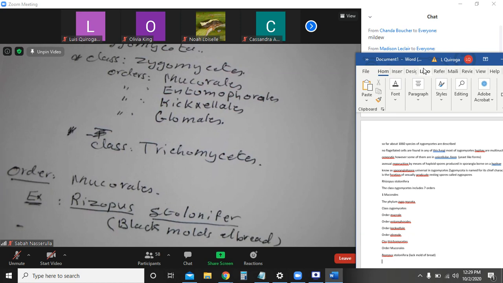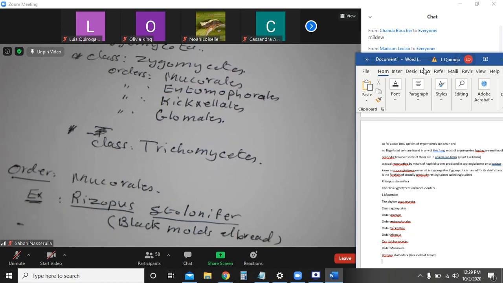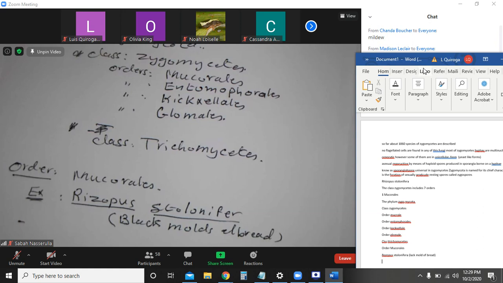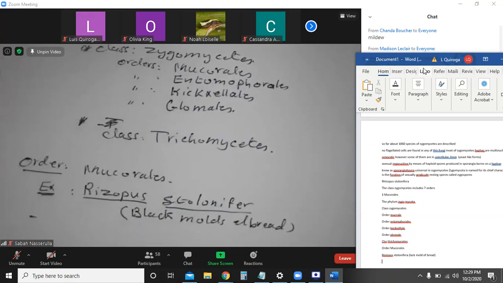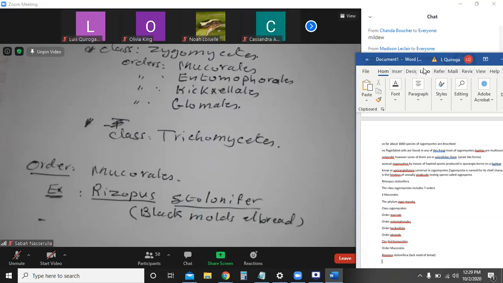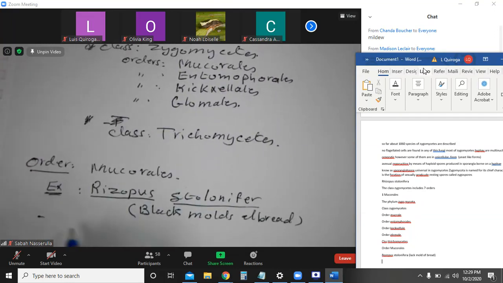Good to mention the mycelium, the morphological structure of this organism.